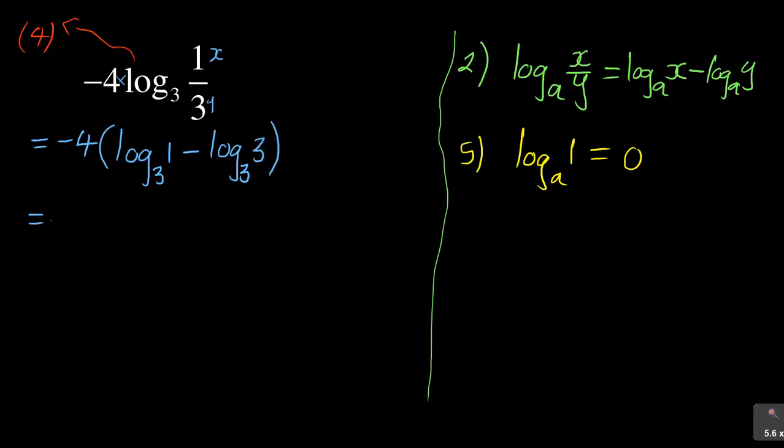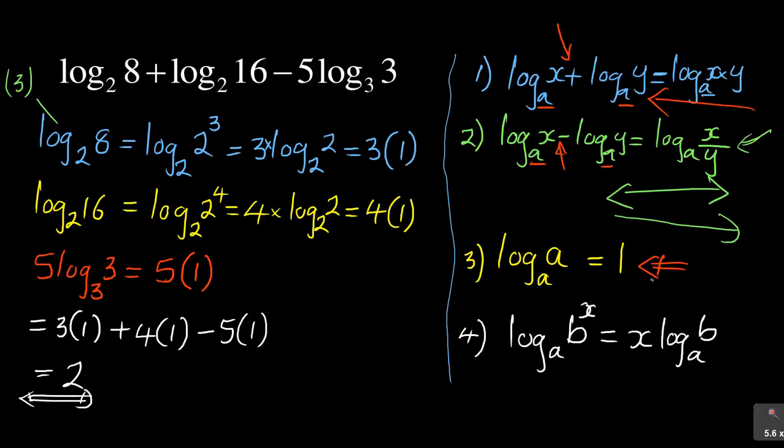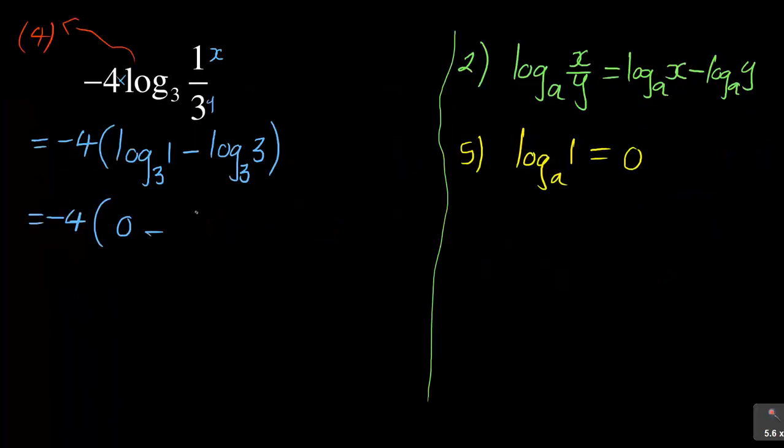So it will be minus 4 there. It will be negative 4, and then I've got 0 minus. Now you can see that log base 3 of 3. If the base and the number are repeating, if you remember here on number 3, we said this is equal to a 1. So here I'll be saying minus a 1.